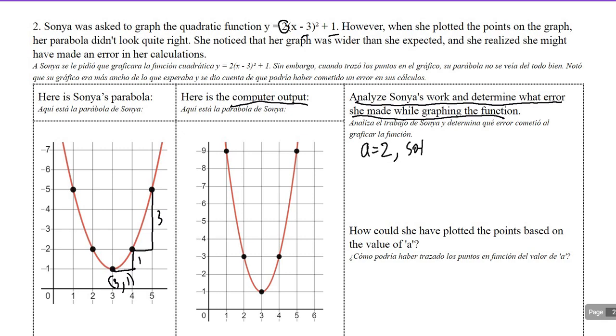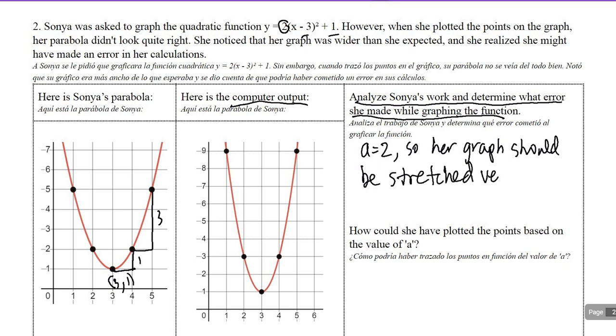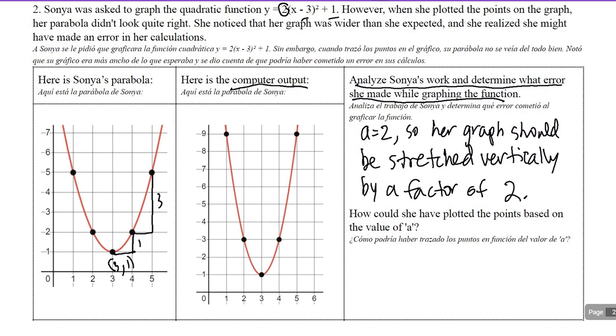So her graph should be stretched vertically by a factor of 2. So based on the value of a, this is going to be stretched vertically.